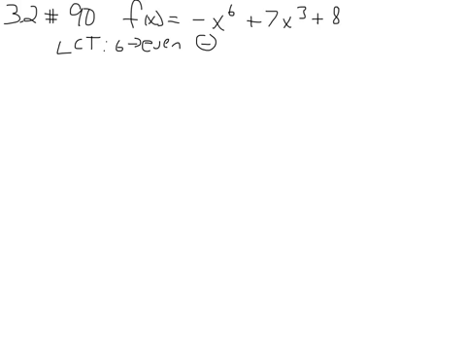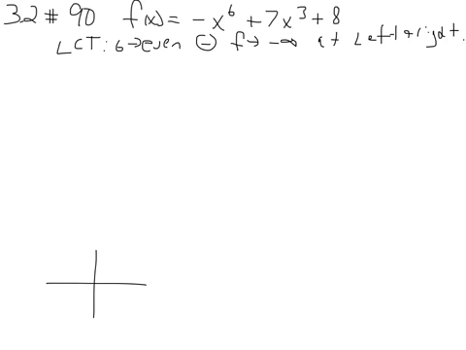But our coefficient is negative, which means that our function goes to negative infinity at the left and the right. Okay? So as x gets arbitrarily large in either the negative or positive direction, this thing gets arbitrarily large negatively. So our graph has got to look something like this. Okay?